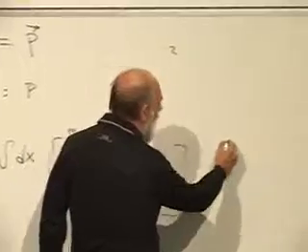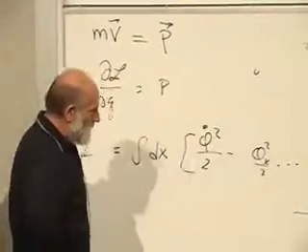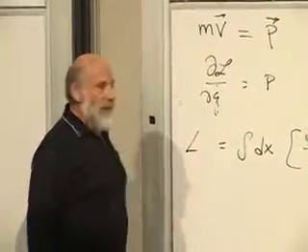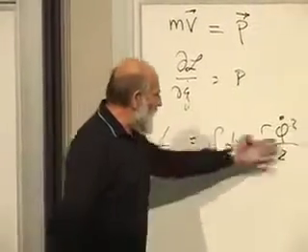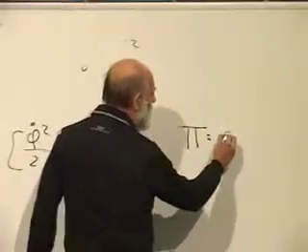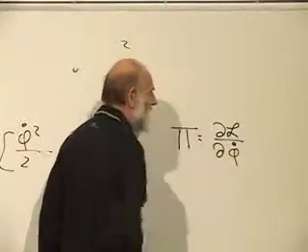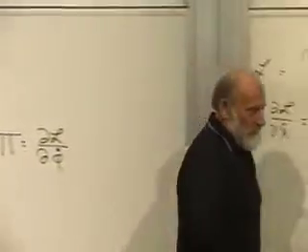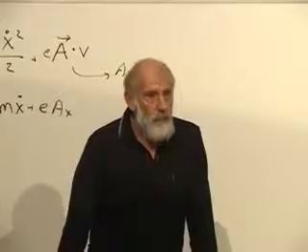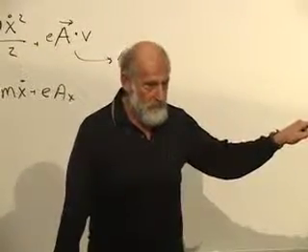It's often called pi. Pi is like p, except we're using Greek letters now instead of Latin letters. Pi is equal to the derivative of the Lagrange density with respect to phi dot. All right, so it's field momentum. Should not be confused with the kind of momentum which, when it hits you, knocks you in some direction.